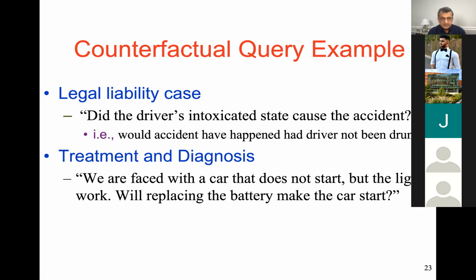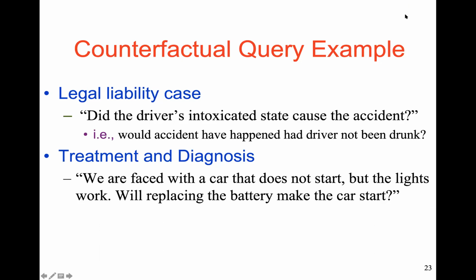So treatment and diagnosis. We are faced with a car that does not start, right? But the lights work. Will replacing the battery make the car start, right? So in a way, we are saying it is not observed data, but we are trying to intervene in some way.